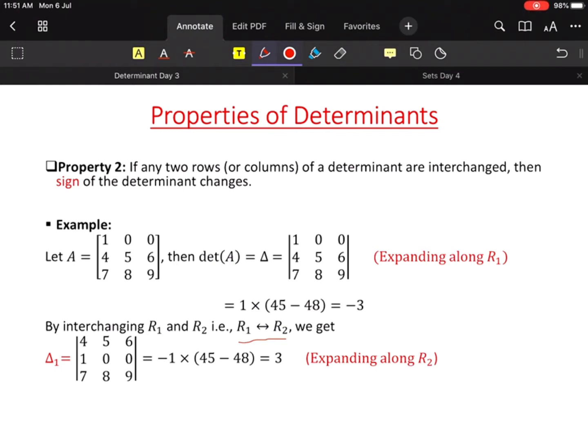Clear? Now in which way should I expand this one? I will expand along row 2 because row 2 has the maximum number of zeros. So expanding along row 2, what is the position of this 1? The position of 1 is A21, that is second row first column, and 2 plus 1 is an odd number.